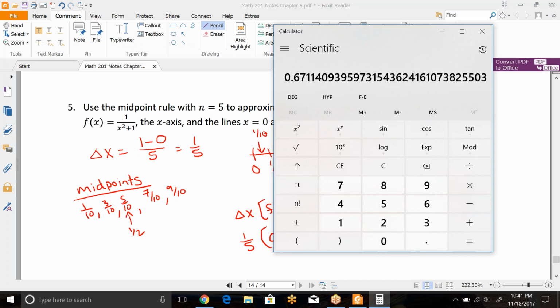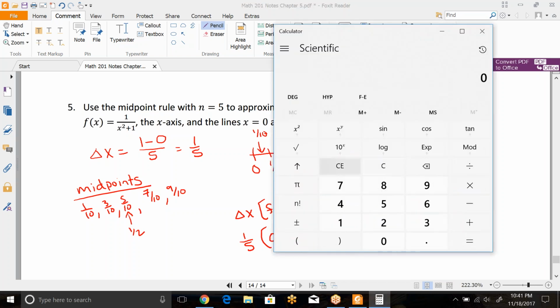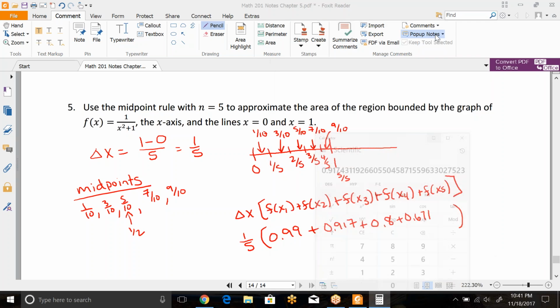And that is 0.671. And the last one is 9/10, plus 1. And I got 0.917 again.